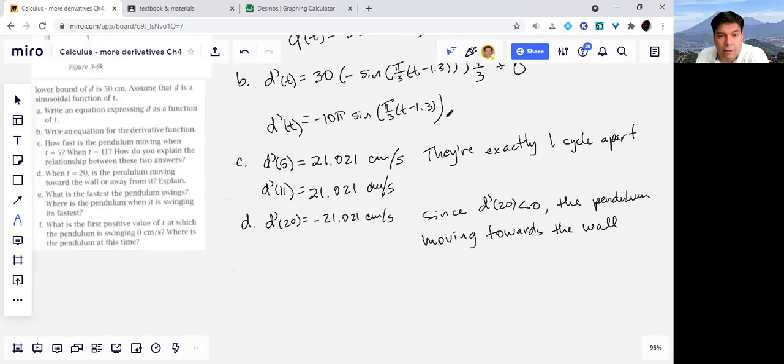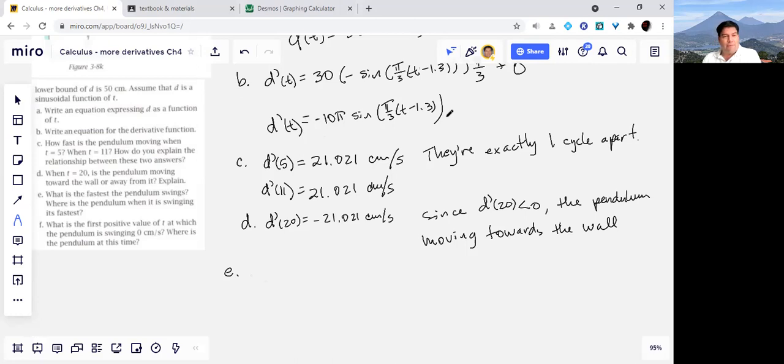So I just need to see what is the maximum value of this function. Now, sine goes from -1 to 1. I don't care what's inside. I know the maximum of sine is 1, the minimum is -1, but it's being multiplied by a negative number. So in order to find the total maximum, I need the least of these numbers, which is -1.